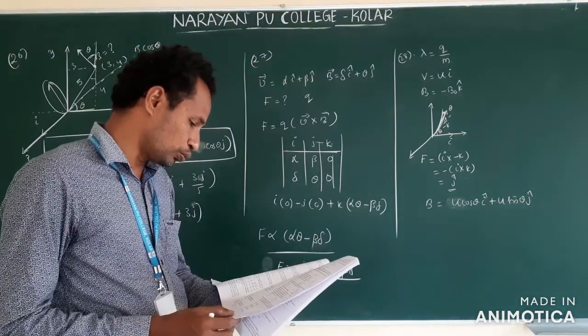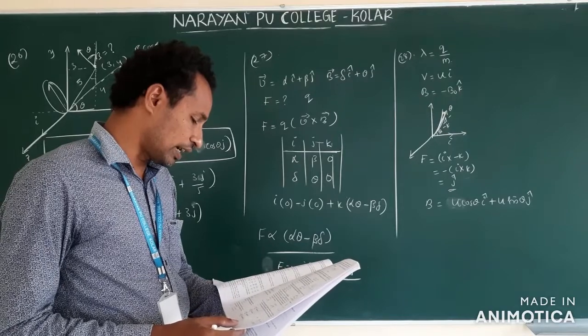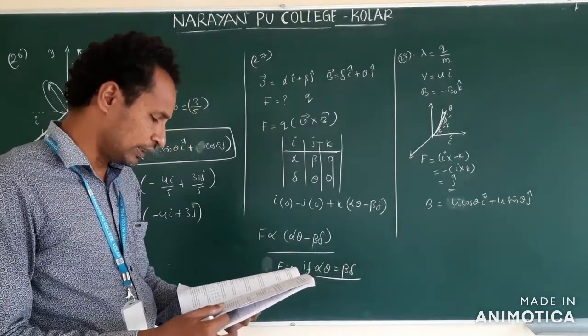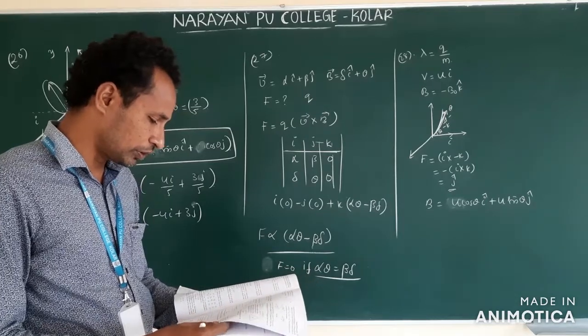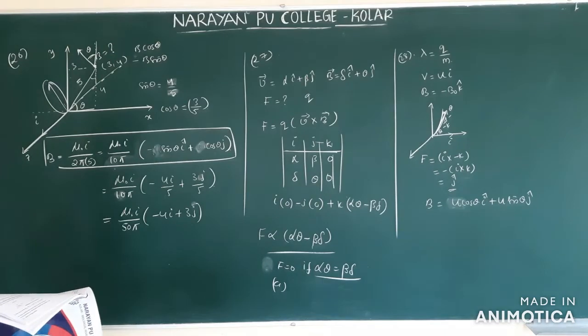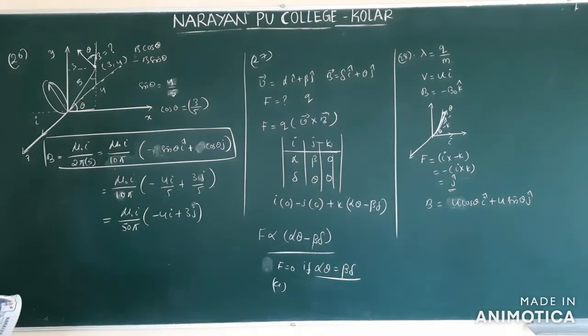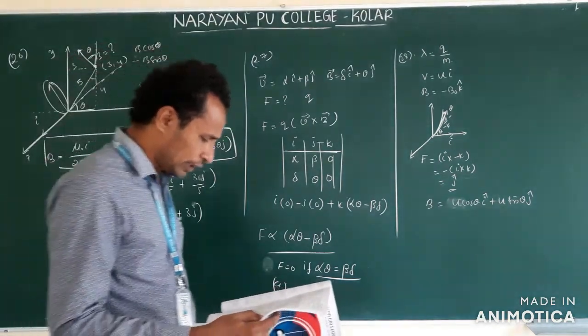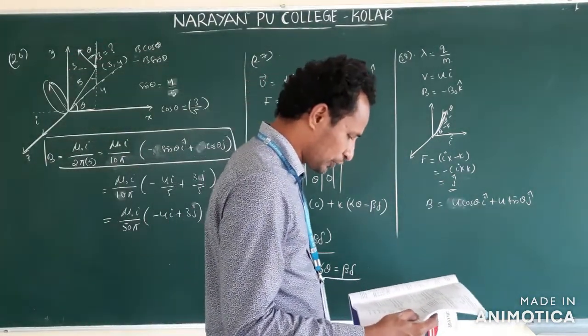The given option is u cos theta i plus u sin theta j.